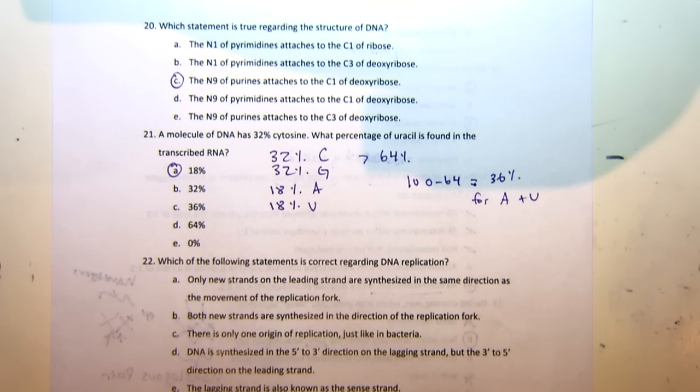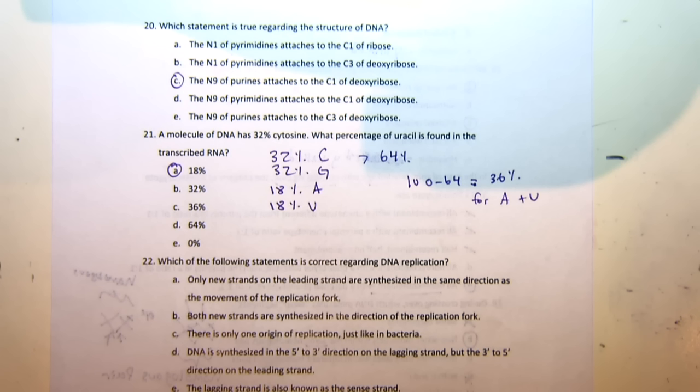Yeah. If you would just look at a molecule of DNA has 32% cytosine. Oh, I see what you're saying. What percentage of uracil is found in the transcribed RNA? I mean, we're going from DNA to RNA. No, but I'm just saying, if you took out the RNA part and it was literally just a molecule of DNA has 32% cytosine. Oh, and it was asking for uracil? Yeah, it would be 0.